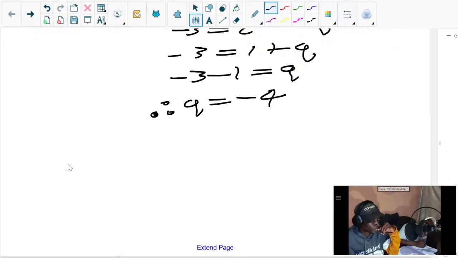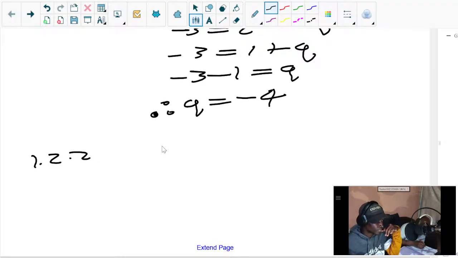This is number 1.2.2. So we start with the equation now. y is equal to 2 to the power of x minus 4.